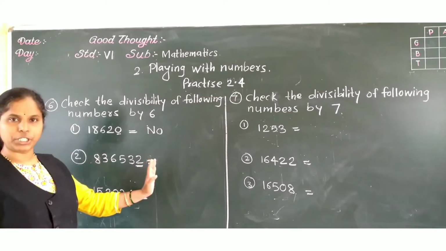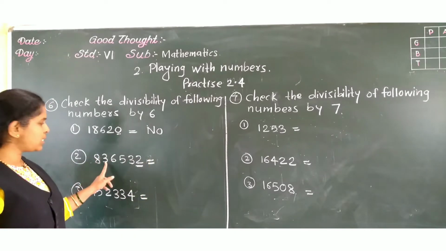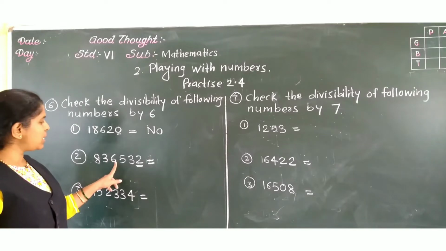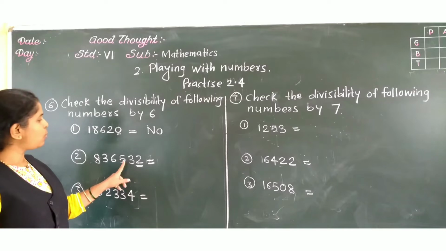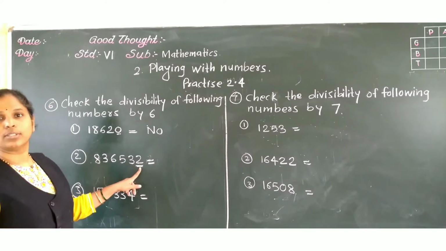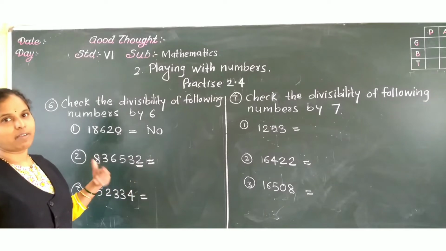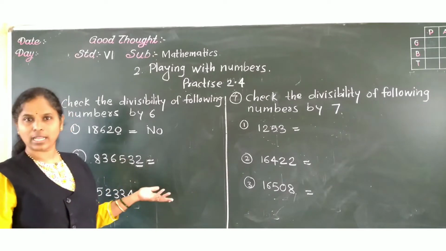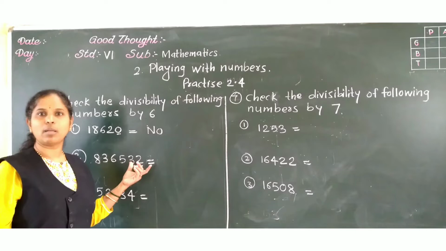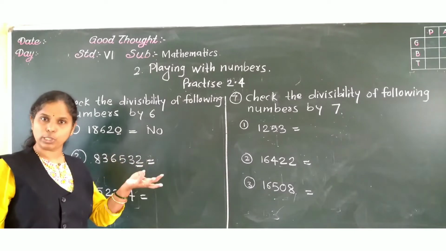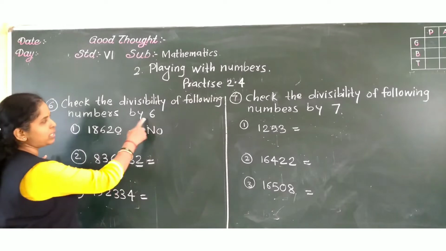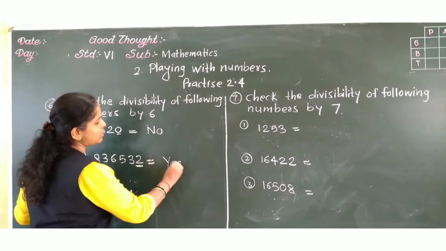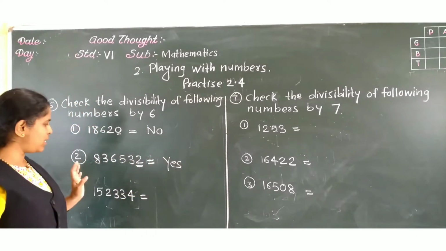Again add all the digits. 8 plus 3 is 11, 11 plus 6 is 17, 17 plus 5 is 22, 22 plus 3 is 25, 25 plus 2 is 27, and 27 we can divide by 3. 3 9s are 27. So yes, this number is divisible by both 2 and 3, and so we can divide it by 6. Yes, we can divide it.